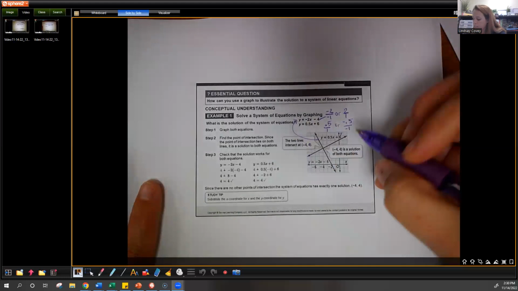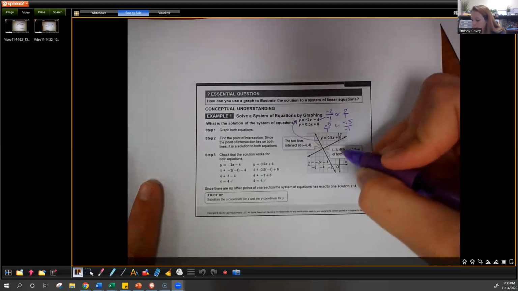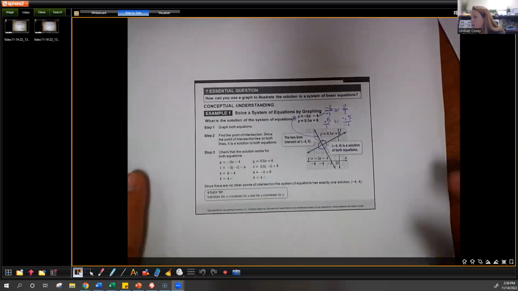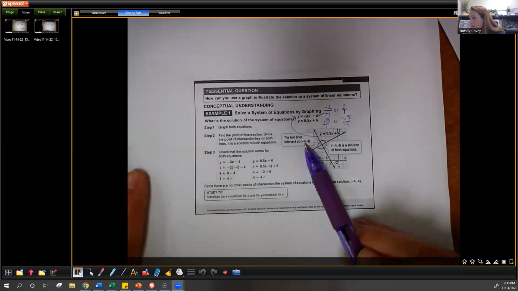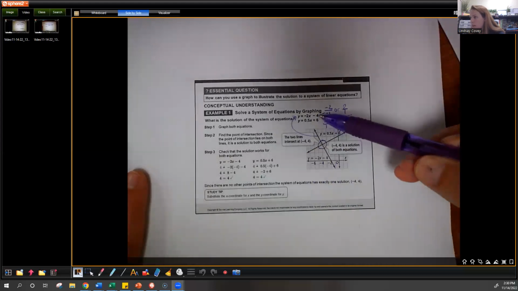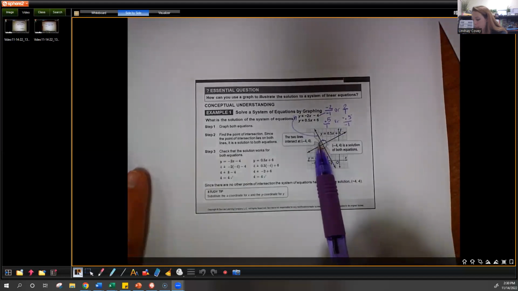So if I went here to 6, I would go down half over 1, down half over 1, down half over 1. These two equations are going to intersect at negative 4, 4. After we graphed both equations, because they're in that y equals mx plus b format, we saw that they intersected at negative 4, 4.